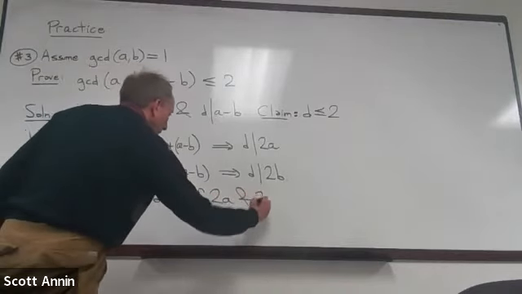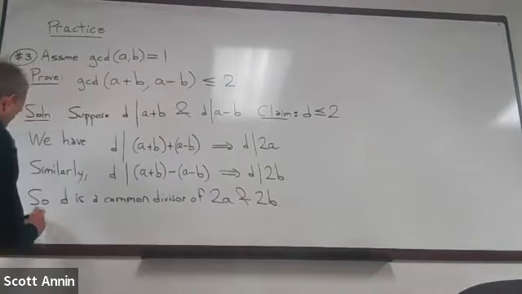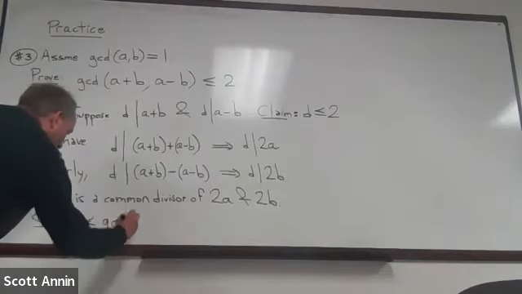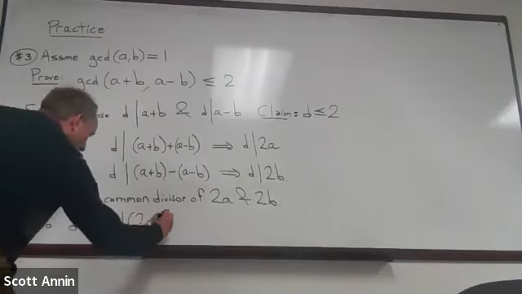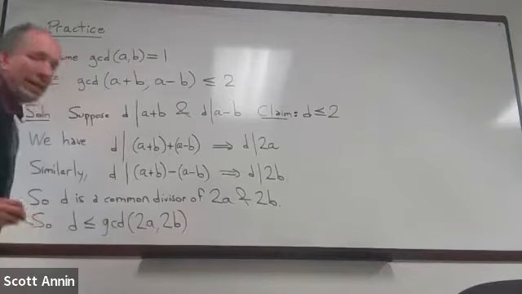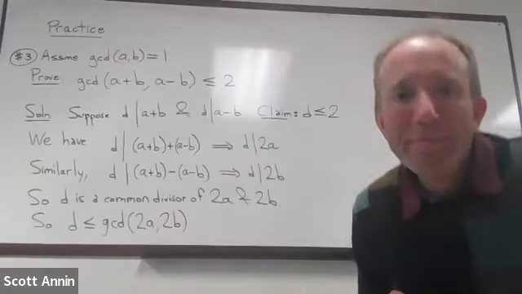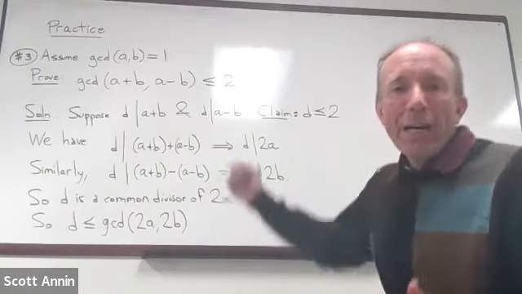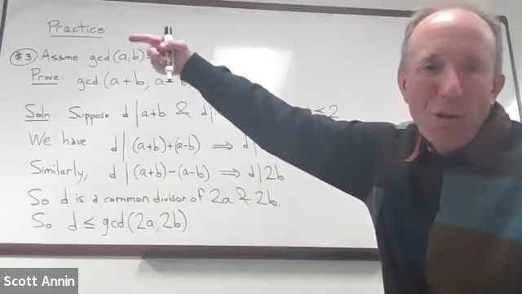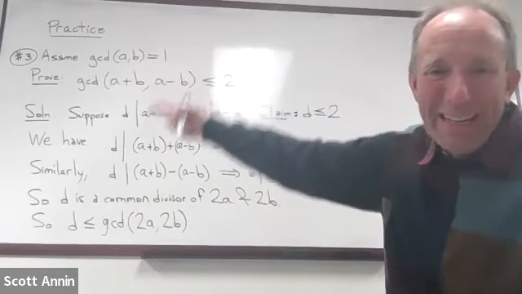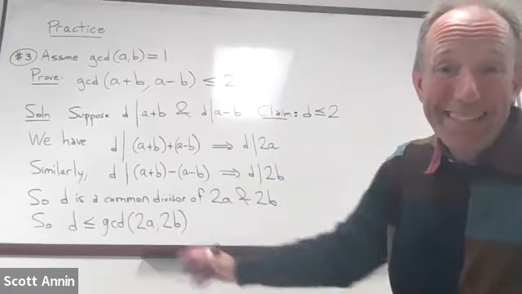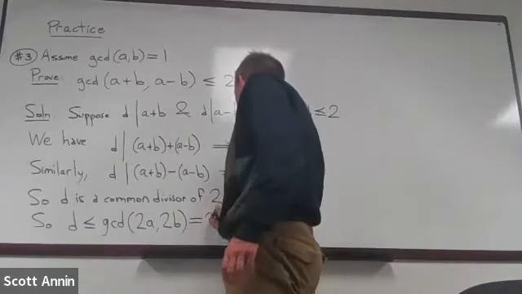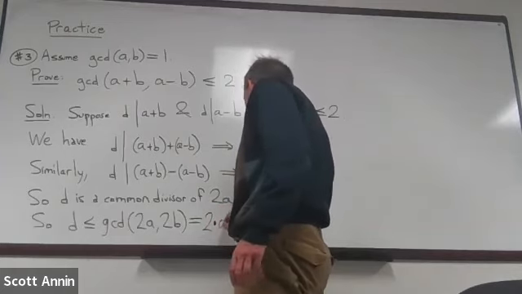So D is actually a common divisor of 2A and 2B. And so it would have to be less than or equal to the greatest common divisor of 2A and 2B, right? But if I have the greatest common divisor of A and B, there's no common factors between A and B, and I just double both of the numbers, what I'm actually going to do is simply double the GCD, right?